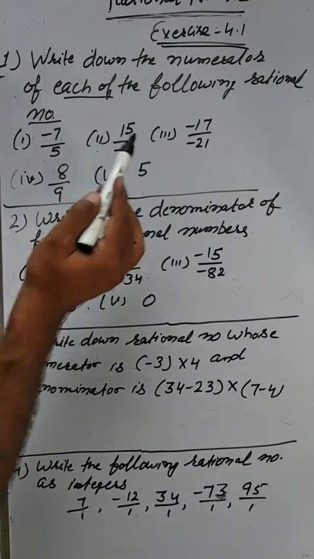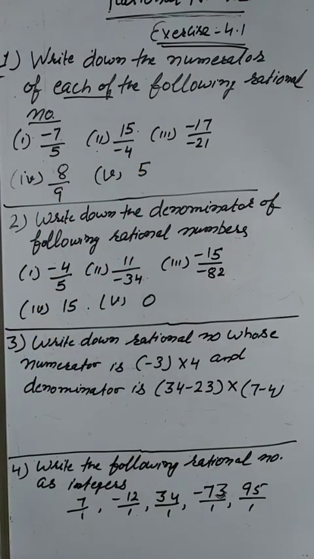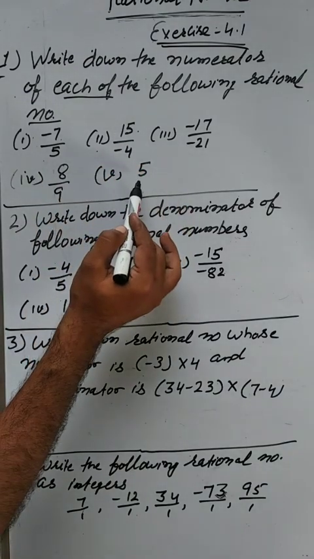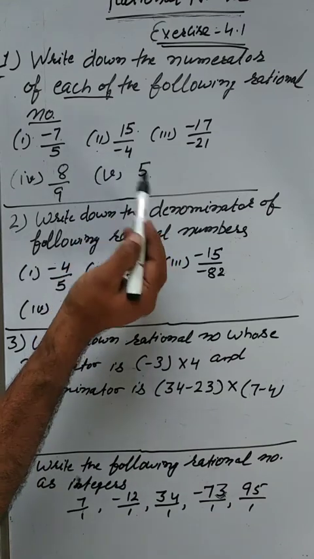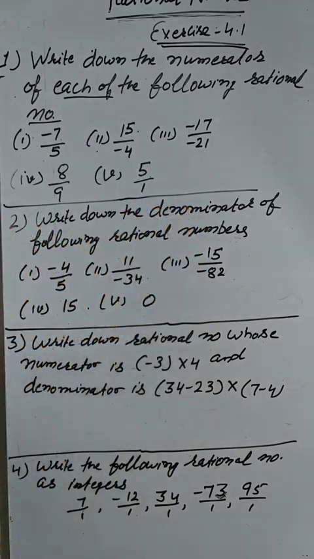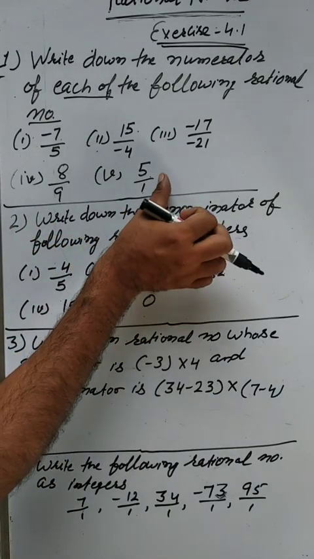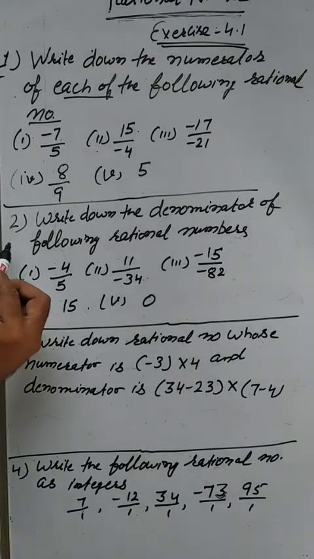In second, 15 upon minus 4, numerator is 15. And in the last beta, look here, only 5. What is the numerator here? 5. If he is saying denominator, what will be the denominator? 5 upon 1, denominator will be 1. Clear? As with a fraction, we can identify the numerator and denominator in a rational number.